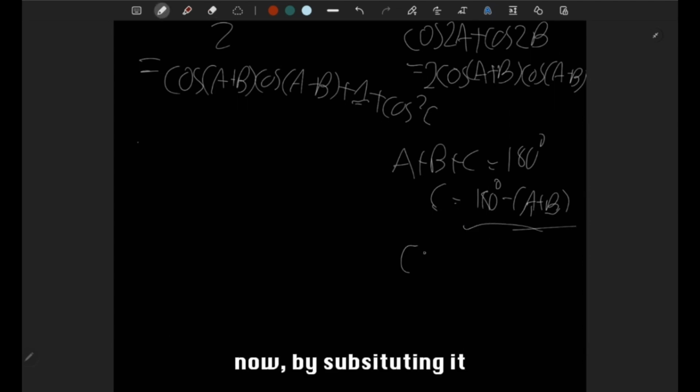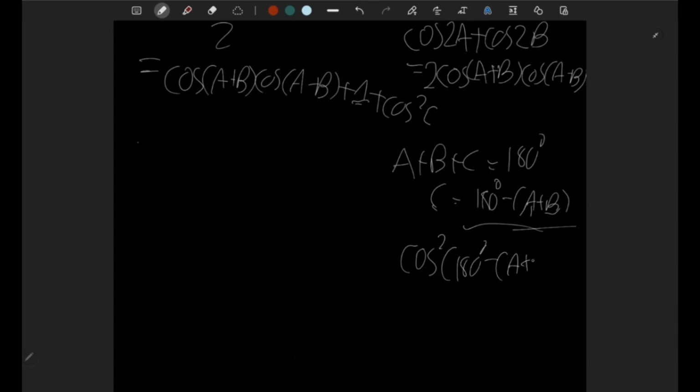Now, by substituting cos squared C as cos squared of 180 degrees minus (A plus B), we can change it to minus cos (A plus B), squared. However, since it is squared, it will stay positive. So cos squared (A plus B).